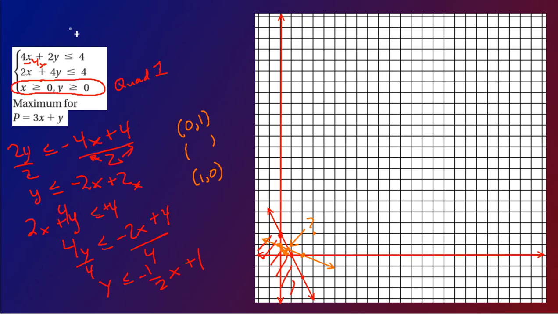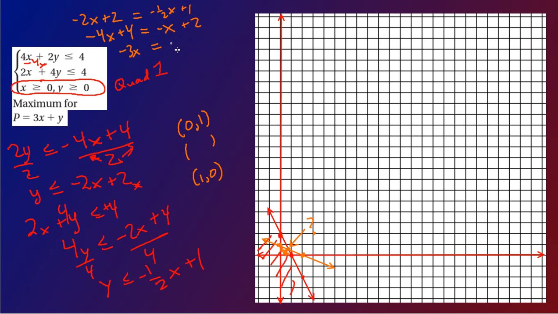Well, this point is when these two equations are equal. So in order to figure that out, I'd say, well, negative 2x plus 2, when is that equal to this equation right here, which is negative a half x plus 1? I'll clear my fraction by multiplying by 2. Now it could be that when you're doing this you know right away what it is because you graphed a lot neater than I did.